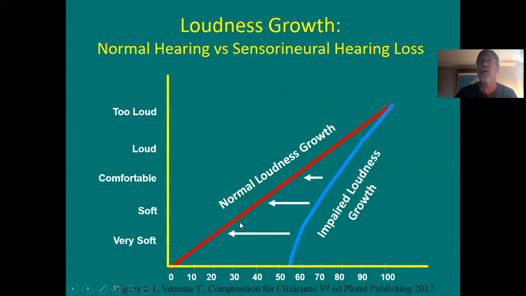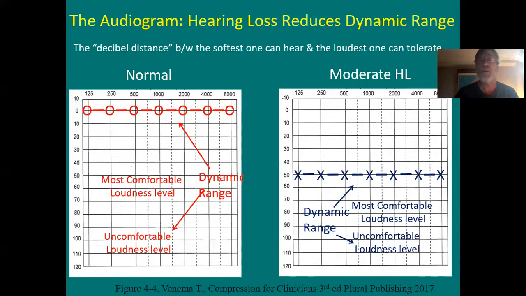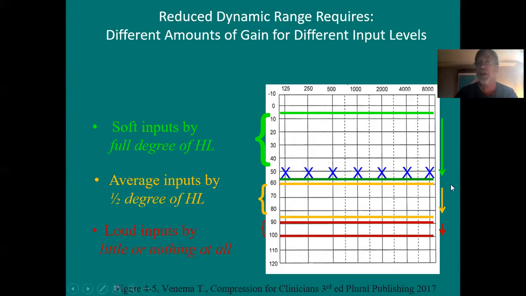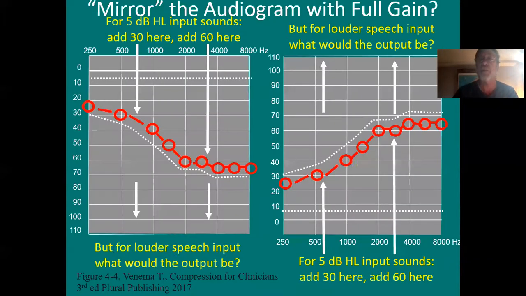Soft sounds by a lot, average inputs by less, loud inputs by little or nothing at all. So these three arrows here are showing you the very same concept as these three arrows here are showing. Why? Because 100 dB is heard just as loud by sensory neural loss as by normal hearing.